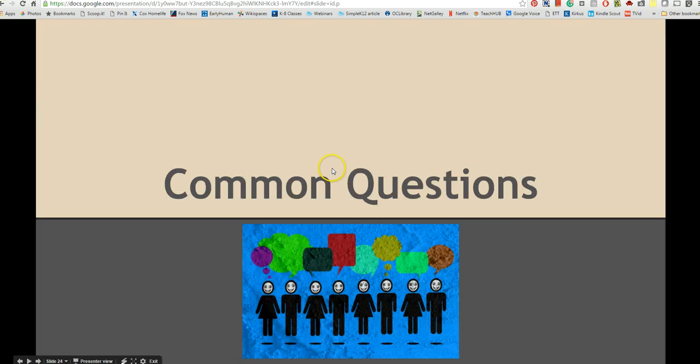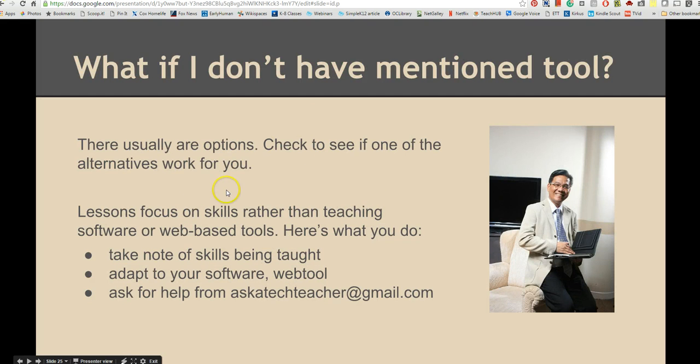Okay, homework, we talked about that. Common questions you might have. What if you don't have the Emotion tool? Well, that's okay. You may have another tool that you have used in the past that works for that. We might make suggestions, for example, for keyboarding. But any keyboarding tool you use, I might suggest Type to Learn, and you might prefer Typing Club.